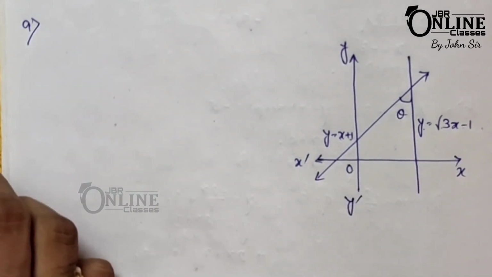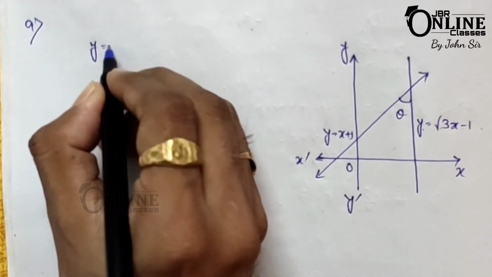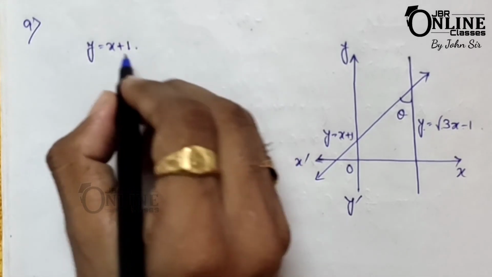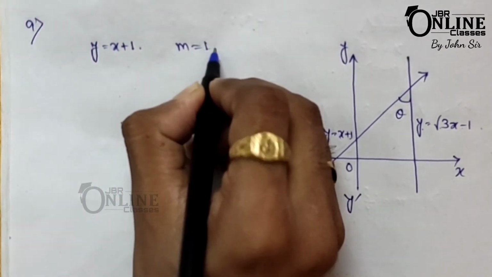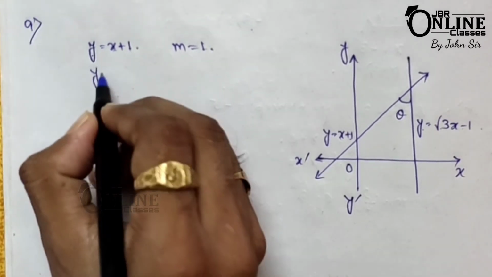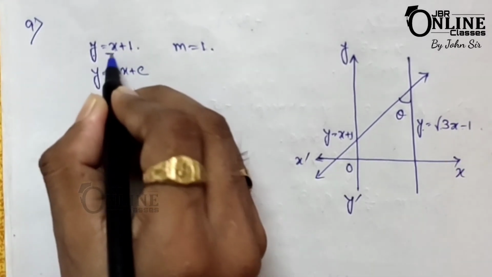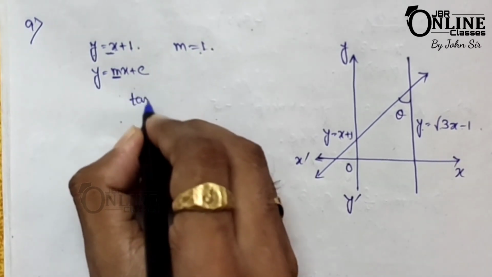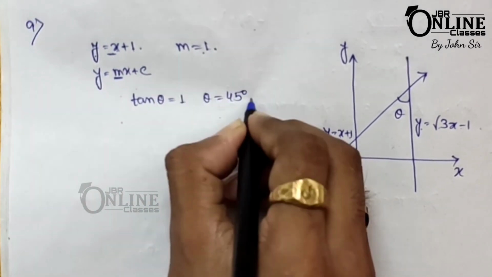So the slope of the line y equal to x plus 1: if you compare this equation with y equal to mx plus c, then the value of m equal to 1. Now if m equal to 1, that means tan theta equal to 1. So theta equal to 45 degree.